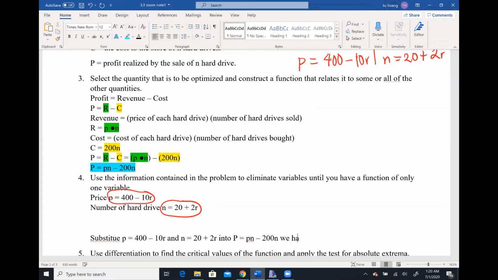We're going to have P equal to, so small p now becomes 400 minus 10R, right? And N now is 20 plus 2R, and minus 200N. See that?